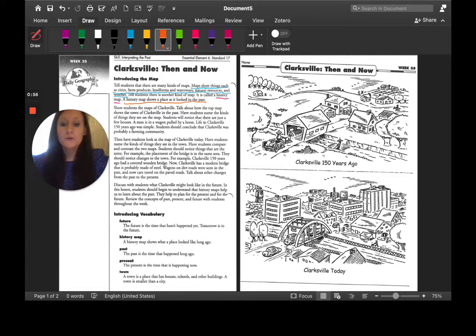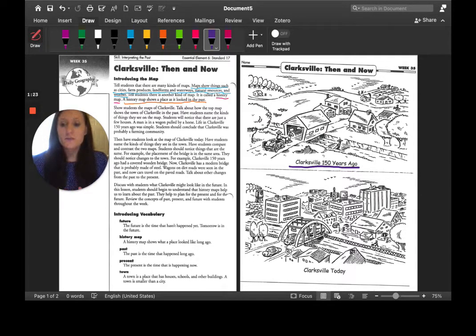Now we're going to look to the right at our map of Clarksville. First we're going to take a look at the top map that we see. We see that this is a map from the past, and the reason that we can figure that out is because it says at the bottom, Clarksville 150 years ago.